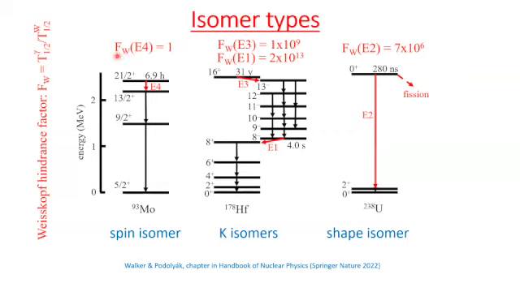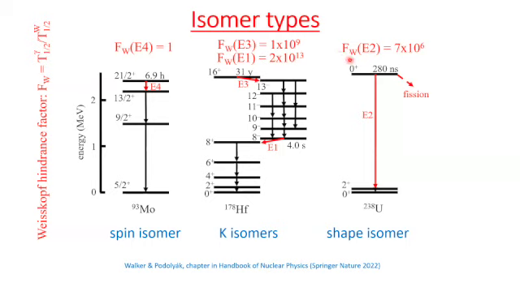These are Weisskopf hindrance factors of 10 to the 9 and 10 to the 13. So the transition strengths are vastly reduced, not just by the high angular momentum, in this case E3, but also by something else. Even this E3 is inhibited by 10 to the 9, and that's the K quantum number. I'll say a little bit more about that in a moment.